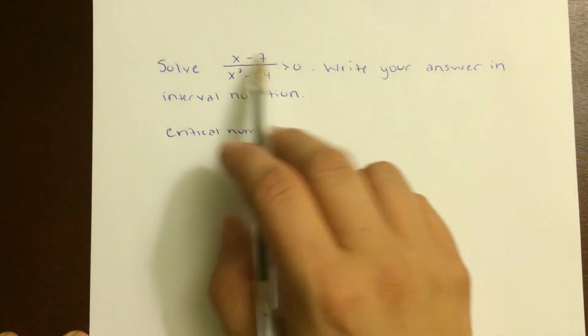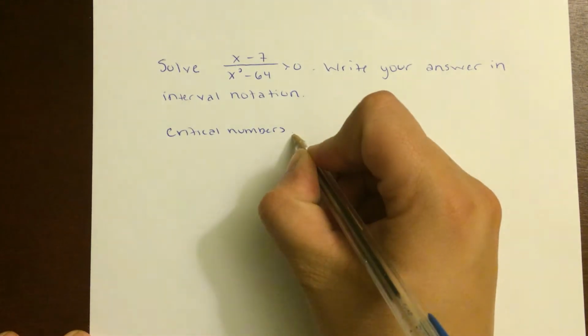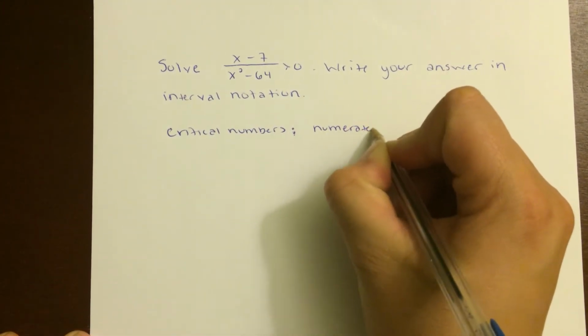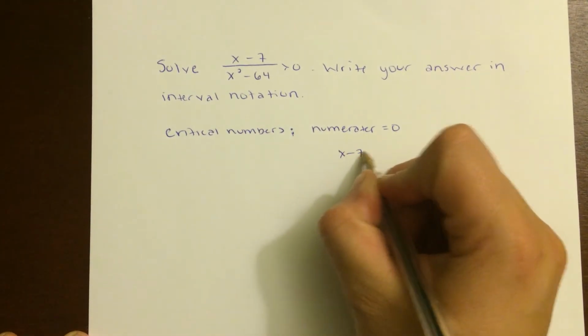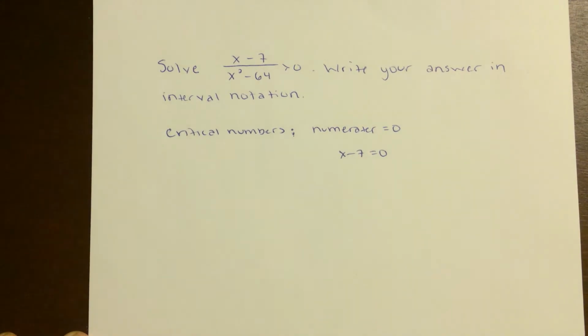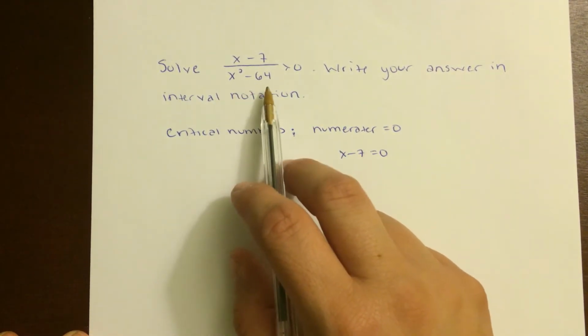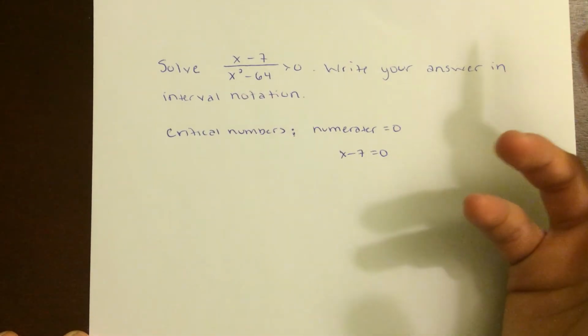Okay, so the whole thing is going to equal 0 when the numerator equals 0. So the first type of critical number we have is when the numerator equals 0. And in that case, that would be x minus 7. Now, where we'd have issues with the domain is right here in the denominator. When that equals 0, we'll have undefined numbers.